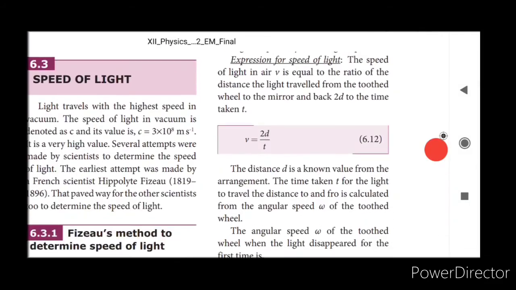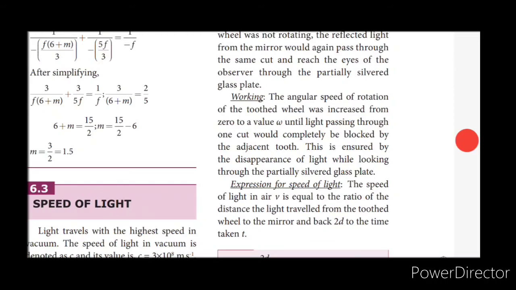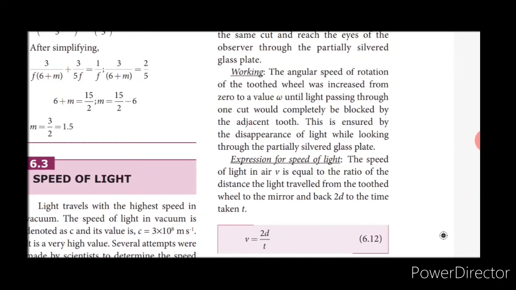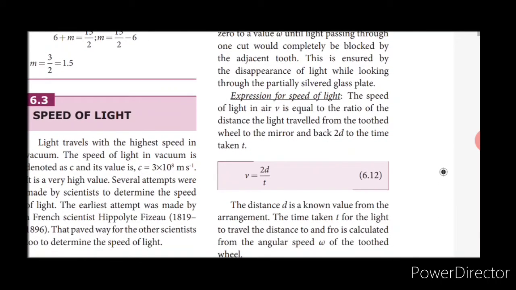The angular speed of rotation of the toothed wheel was increased from 0 to a value omega, until the light passing through one cut was completely blocked by the adjacent tooth. This is ensured by the disappearance of light while looking through the partially silvered glass plate.